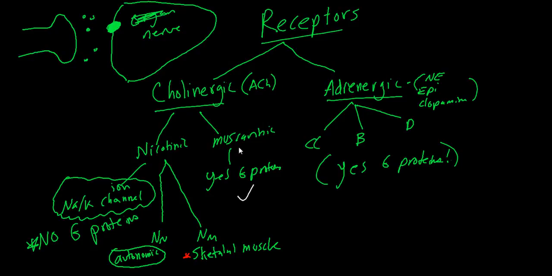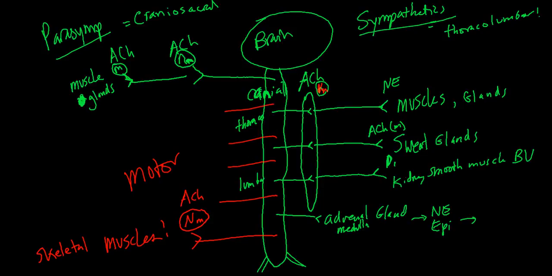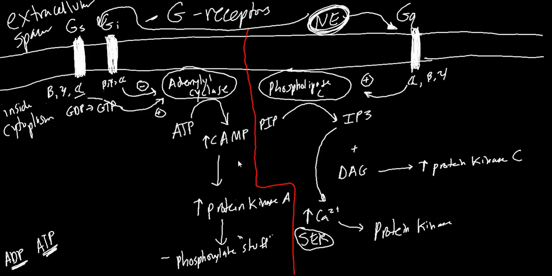So yes, we have muscarinics that are G alpha units. Those are G protein mediated. Betas, yep, G protein mediated. Dopamine, yep. Also histamine, etc. We're going to deal with a lot of G proteins. G proteins, what does that mean? Well, it means we're going to go via these mechanisms.